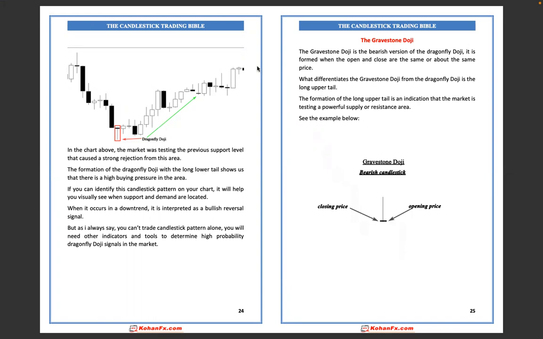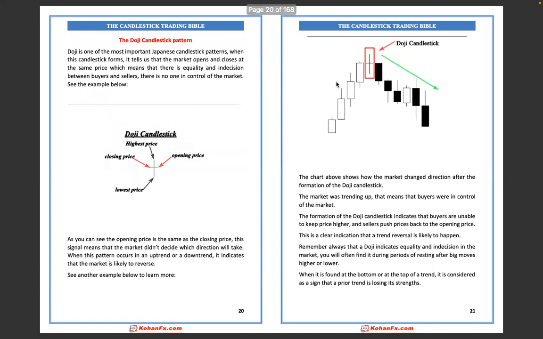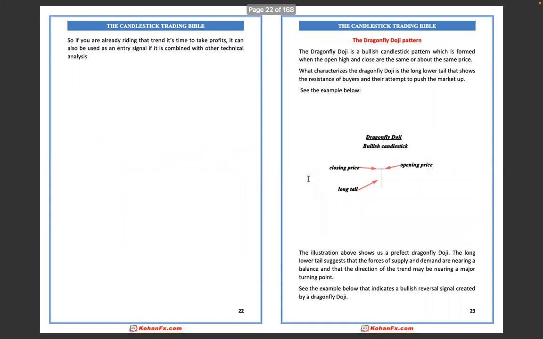Let's look at this. I said over here that this doji, you can see it in an uptrend or in a downtrend. And depending on where you see it, it is a trend reversal. If you see it in an uptrend, then it's going down. If you see it in a downtrend, it's going up. But for these ones, if you see a dragonfly doji in a downtrend, straightforward, you are looking for what? Buys.